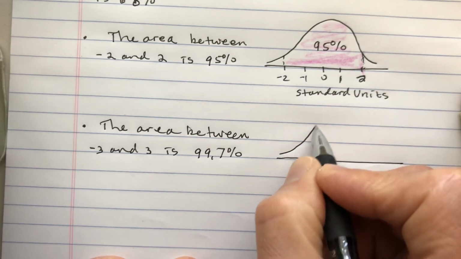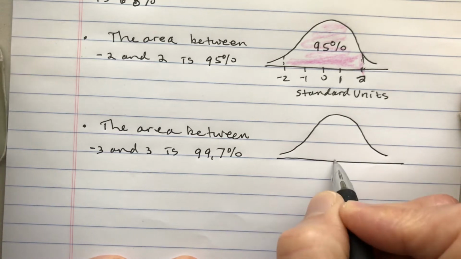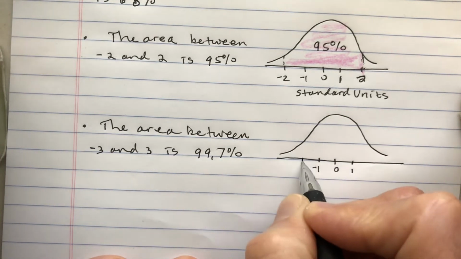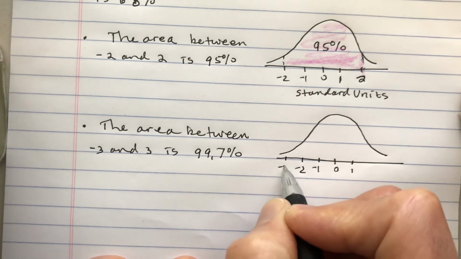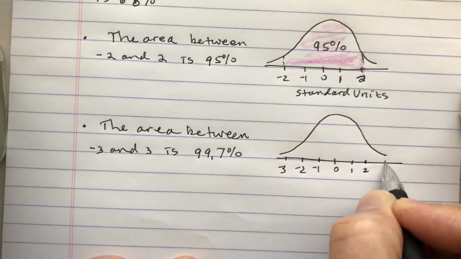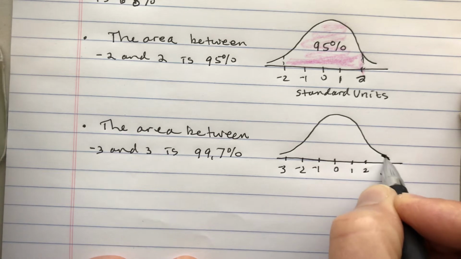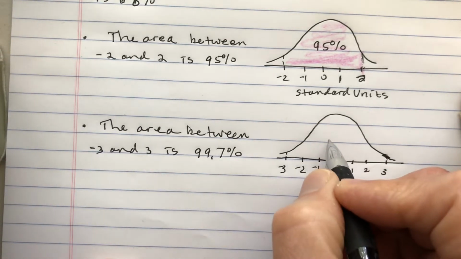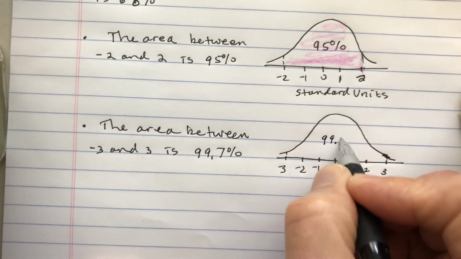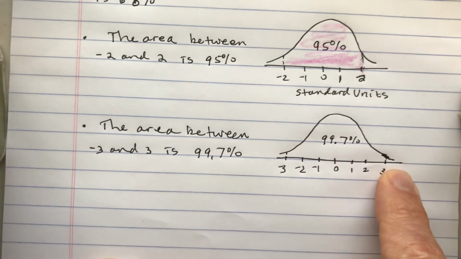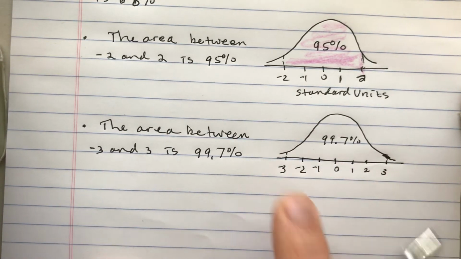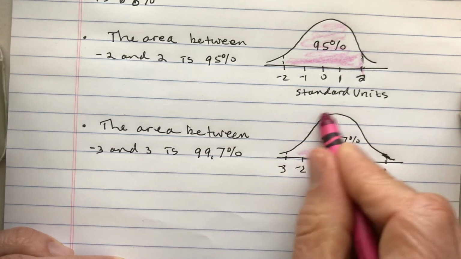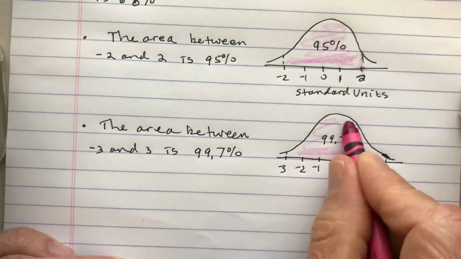When we were talking about height, every once in a while there's a really tall person, and that person might end up playing in the NBA because of that. But there are numbers beyond 3 standard units to the right or 3 standard units to the left, and that's part of the normal distribution.